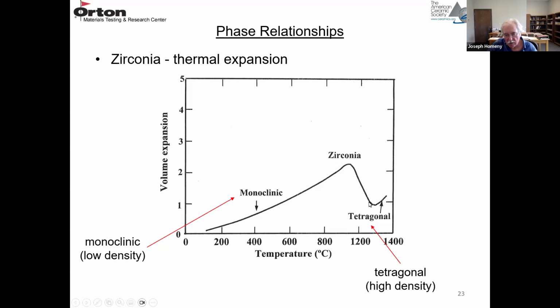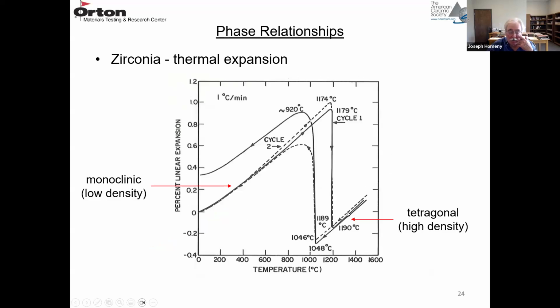And then when that displacive transformation is complete, you start a normal thermal expansion behavior again. So this displacive transformation that takes place there is very disruptive to the microstructure.